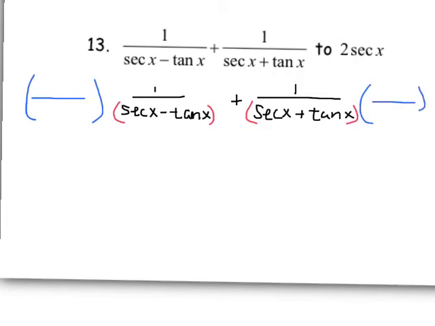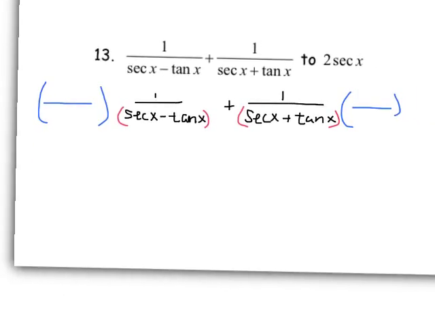So I end up with secant x plus tangent x multiplying top and bottom, and over here secant x minus tangent x, top and bottom. I'm trying to get a common denominator.